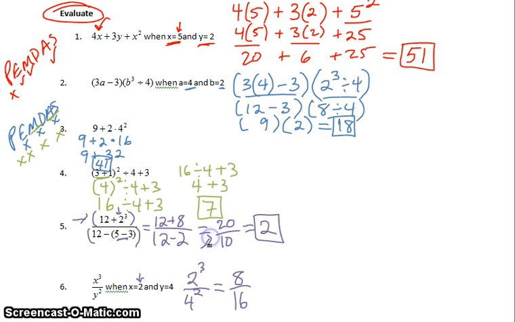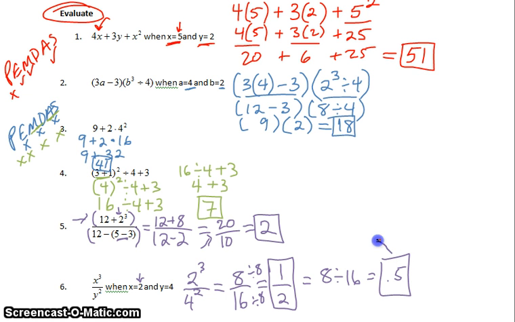Notice how the numerator is less than the denominator, so we're going to have a fraction, something less than 1. If you know how to simplify fractions, we know that 8 goes into both 8 and 16, so we can reduce this fraction to 1 over 2. If you use your calculator, that's fine. You just divide 8 by 16 and you get 0.5, which is the same thing as 1/2. But it's not 2.